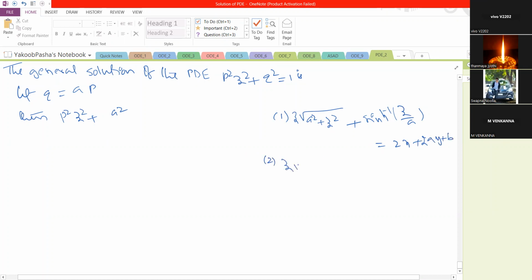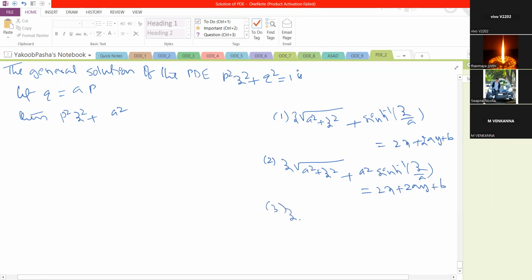Second option: z into under root of a square plus z square plus a square into sinh inverse z by a is equal to 2x plus 2ay plus b.